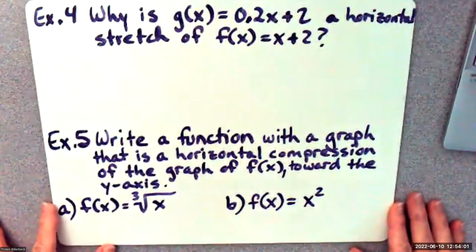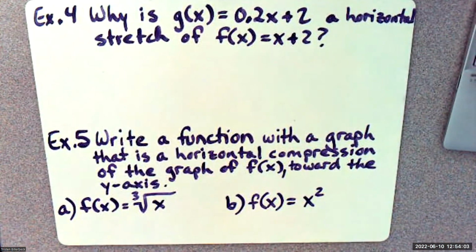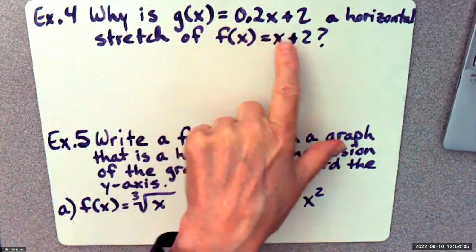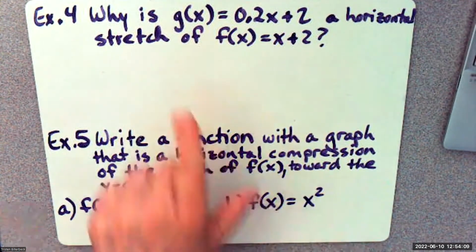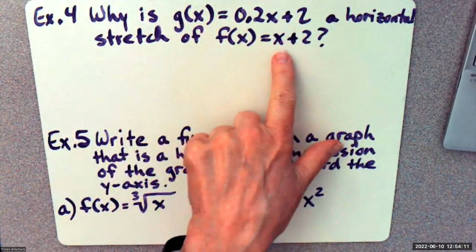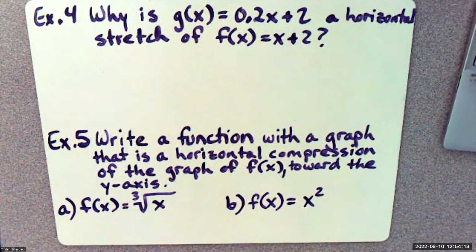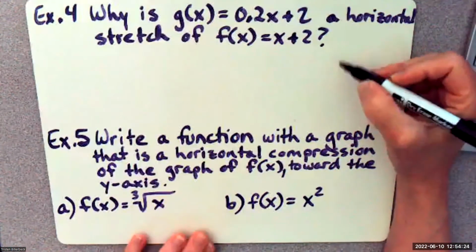All right, so is y = g(x) = 0.2x + 2 a horizontal stretch of f(x) = x + 2? Well, we have been talking about vertical stretches, not horizontal stretches. So let's look at why this is a horizontal stretch.